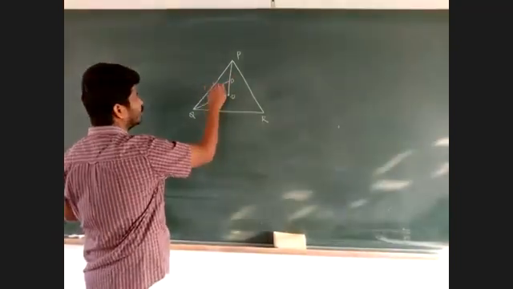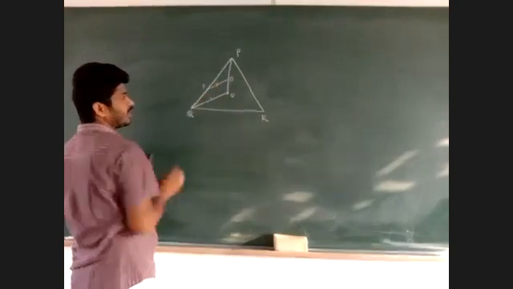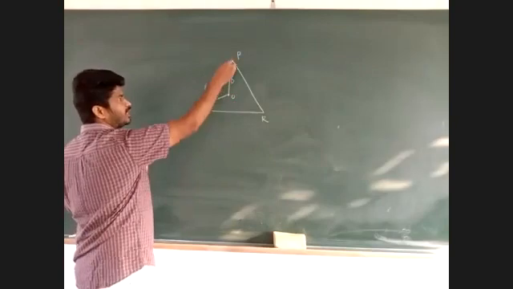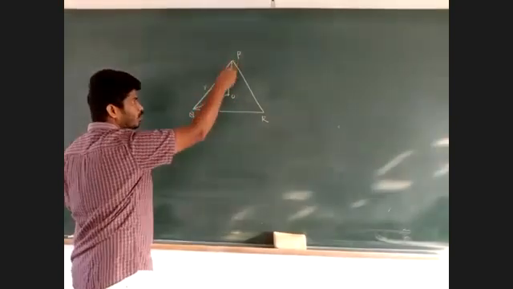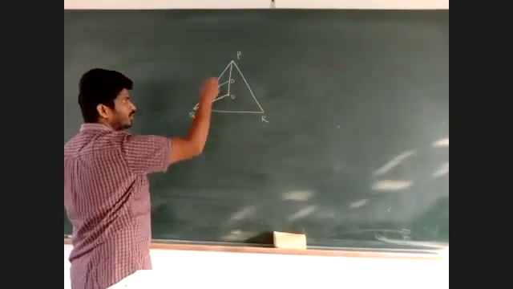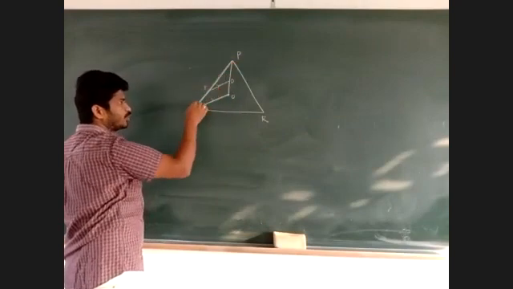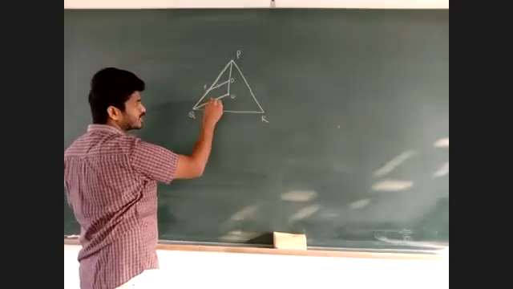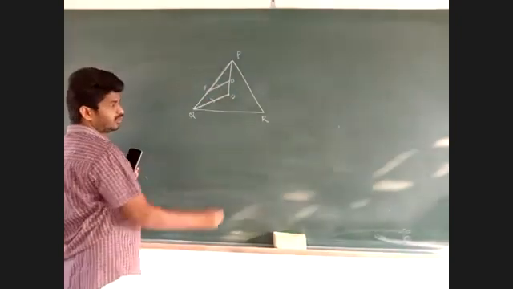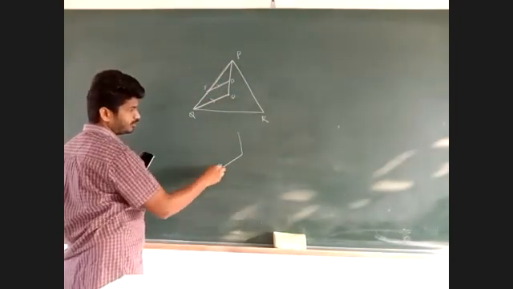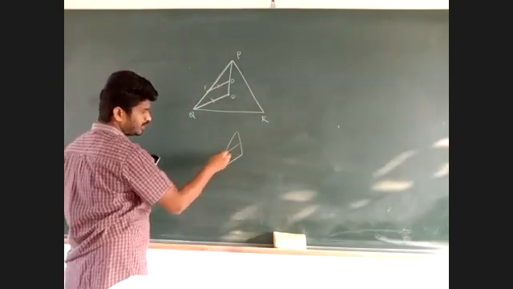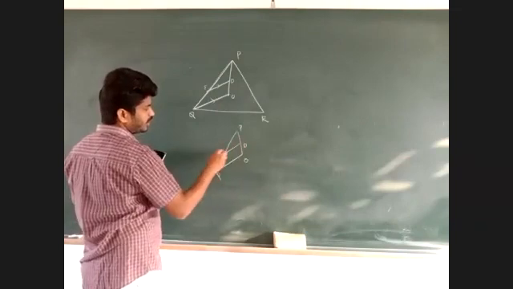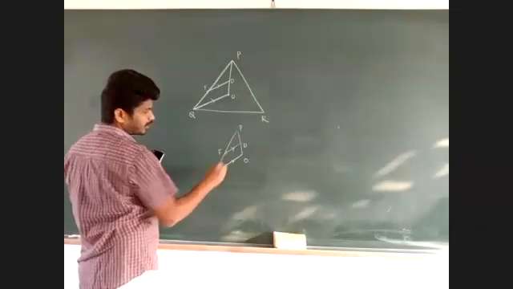DF is parallel to OQ. Take this triangle POQ. In this triangle POQ, if DF is parallel to OQ, then apply basic proportionality theorem.